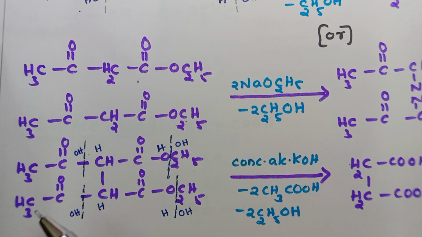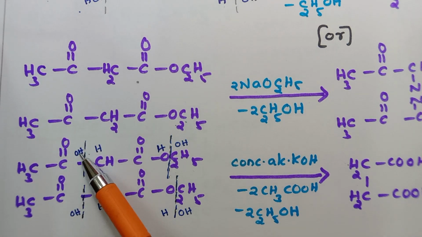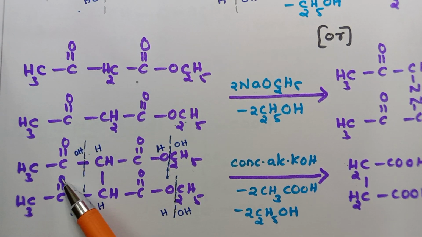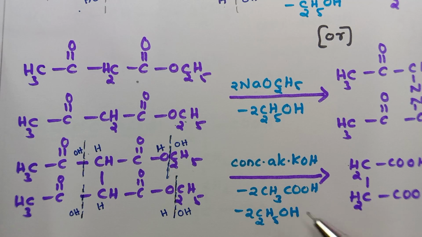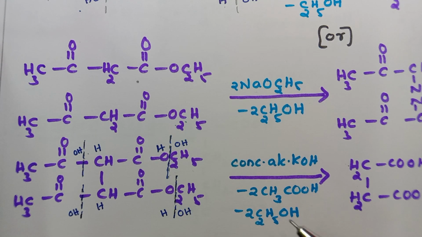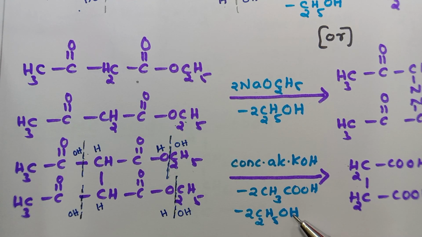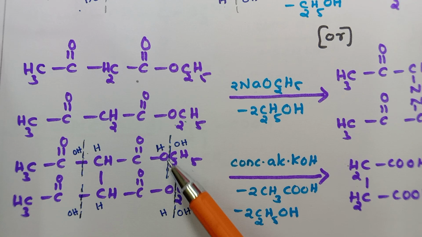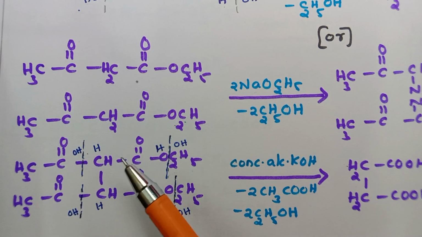OH. Okay. Now, one CH3COOH, second CH3COOH. So, total minus 2 CH3COOH. Next, one C2H5OH, second C2H5OH, minus 2 C2H5OH. What is remaining inside? This is the main compound that we are getting.